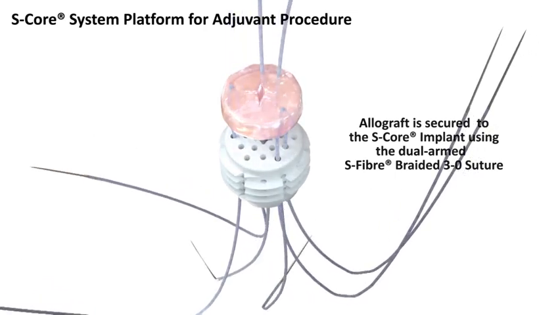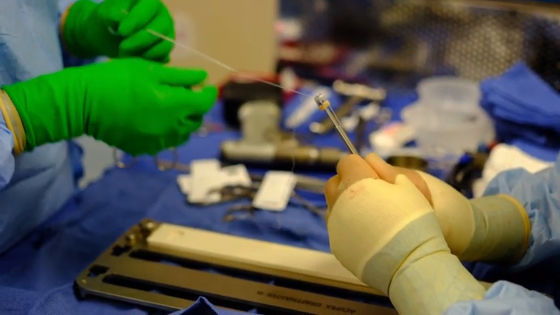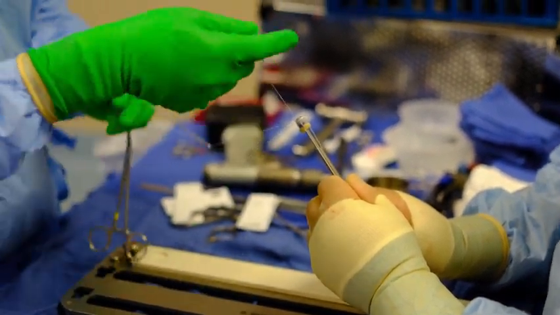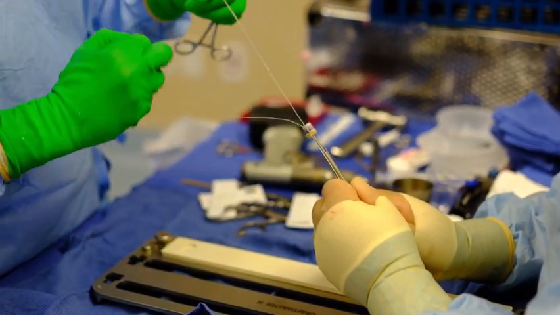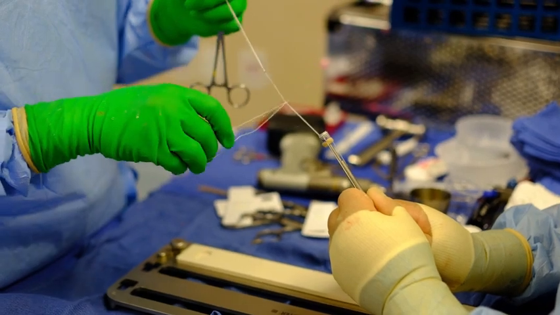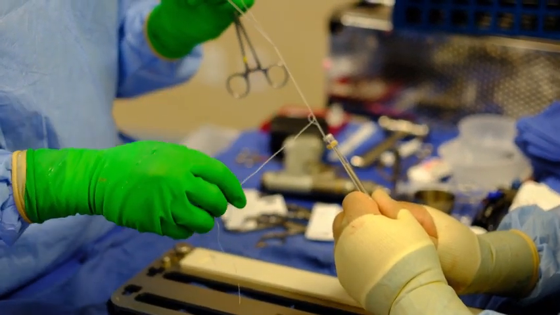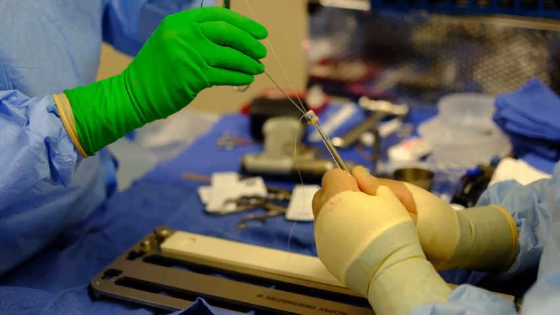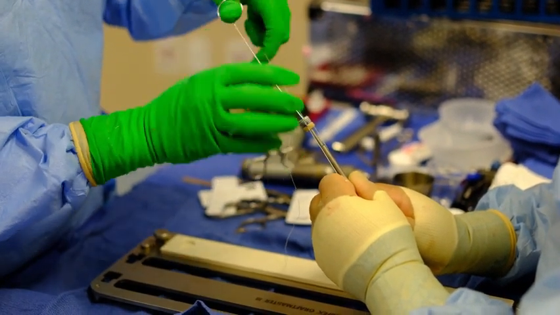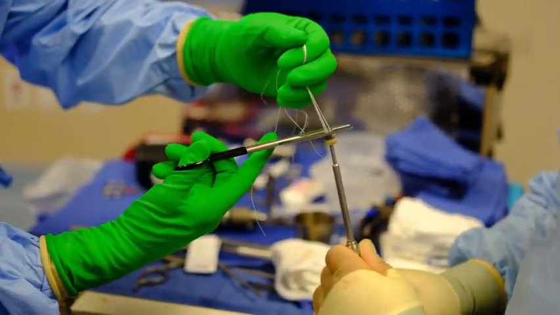These sutures are passed top to bottom from the graft side to the undersurface, and then an arthroscopic type knot pusher is used to fully seat the knots on the undersurface of the implant for secure fixation. In this case, 3 sets of sutures were placed.